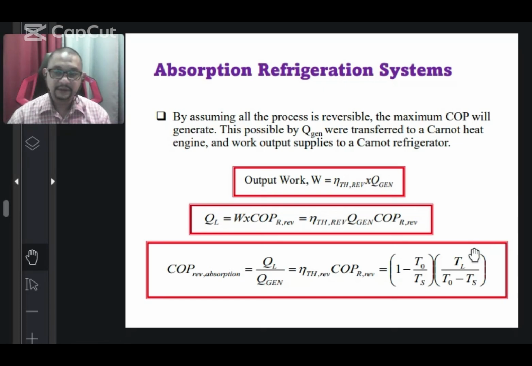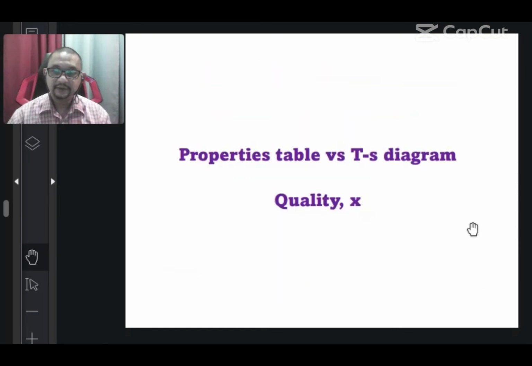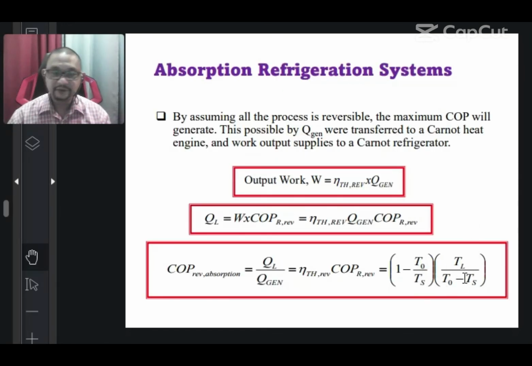TL is the temperature at the refrigerated space. All these TO, TS, TL you can refer to in Chapter 11 of Cengel's Thermodynamics book, in Figure 11-24. So this is the explanation and introduction about the absorption refrigeration system.